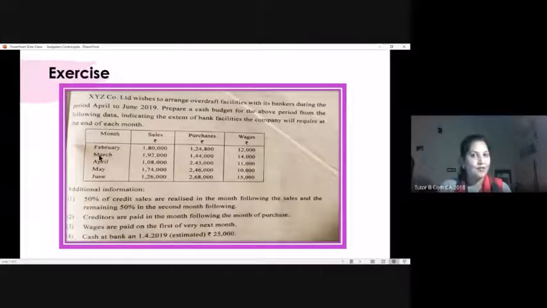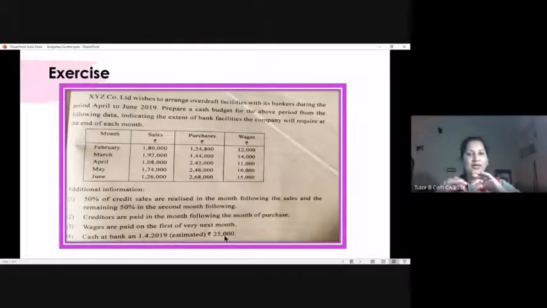A person working for March will be paid in the month of April. They also said cash at bank on 1/4/2009 is estimated, because we are preparing the budget well in advance. So they anticipate that the opening balance will be 25,000. That's going to be our opening balance.